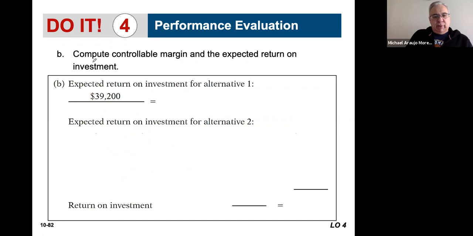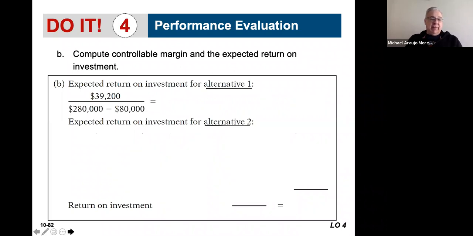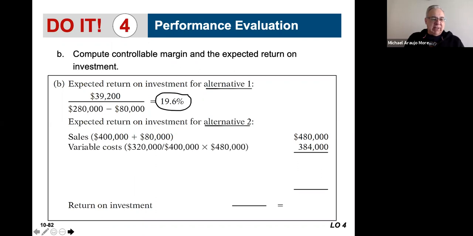So here we're going to compute if there's some differences. Alternative 1 and alternative 2. Alternative 1 meant that we reduce the amount of our average operating assets by 80,000. And if we did that, the average operating assets would only be 200,000. And so we would have a whopping ROI of 19.6%, which is outstanding. The other option we would have is to increase sales.